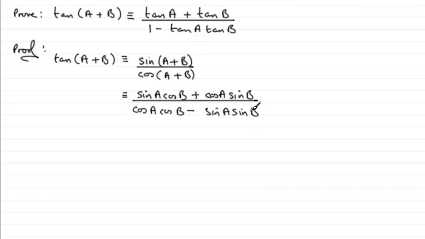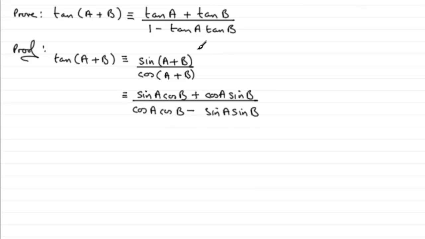Now it's at this point that we've got to see how we can get towards tan a, tan b, etc. And we should know that tan is the same as sine of an angle over cos of an angle. So that gives us a clue. And also we get a clue from the fact that we need a 1 in this position here.